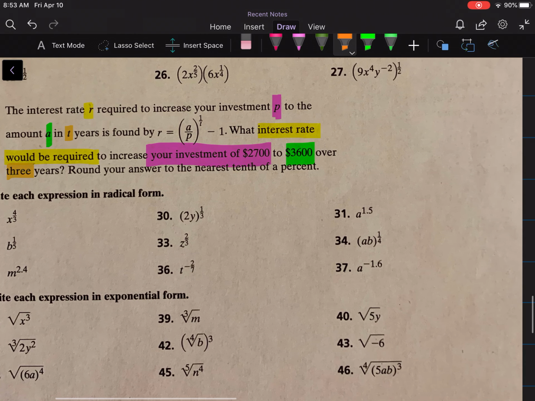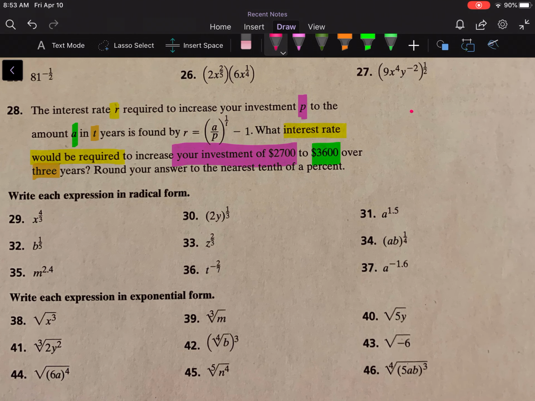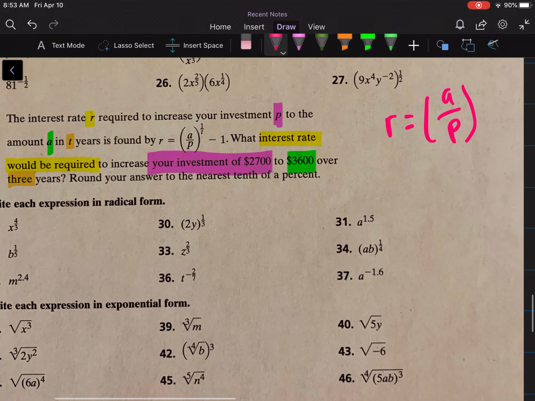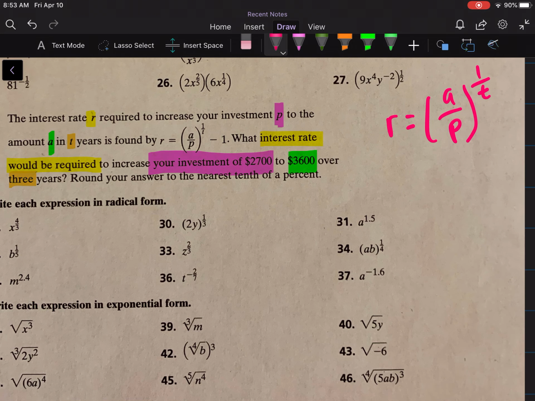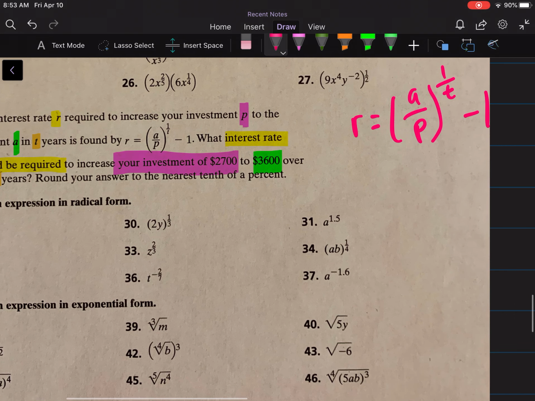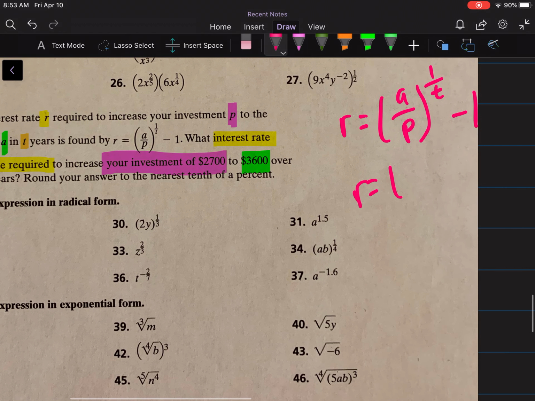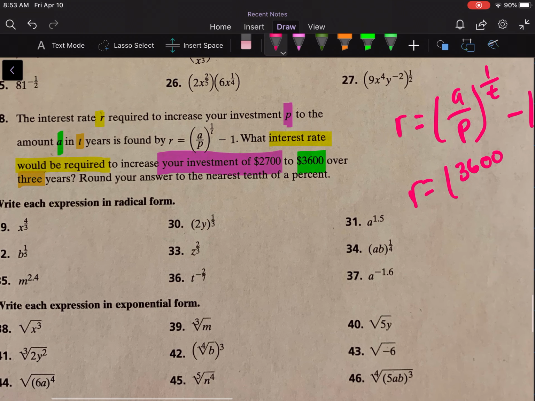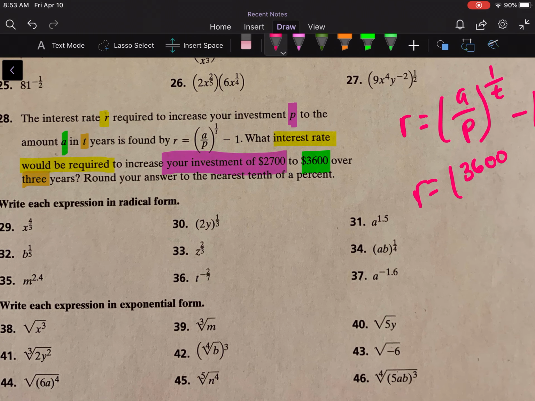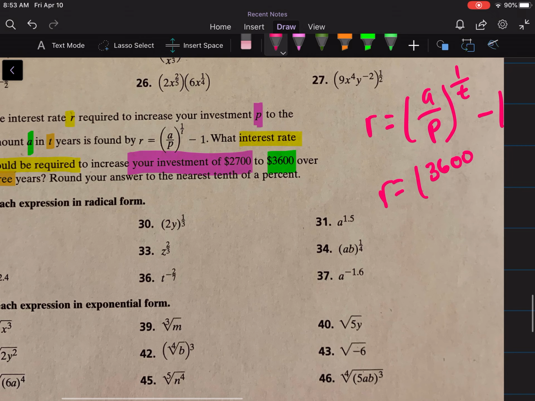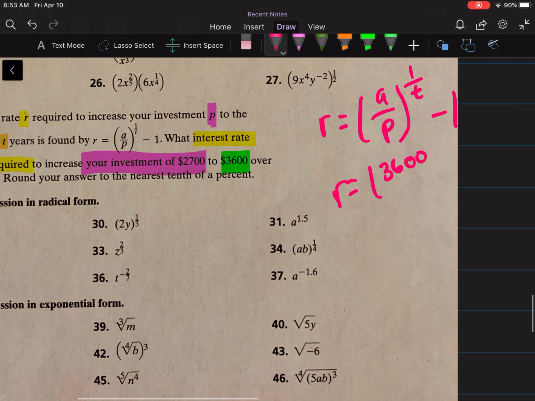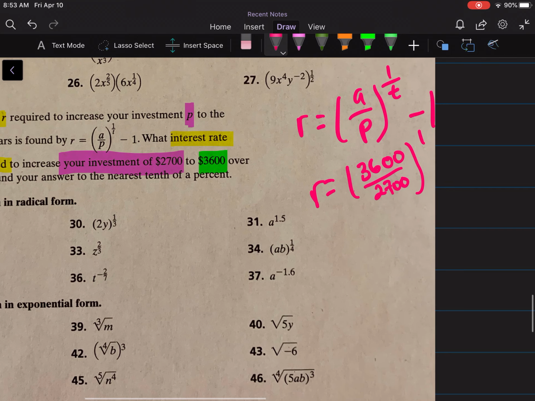We're going to do R equals A over P to the 1 over T minus 1. So R equals, our A was in green, so that's 3,600. Our P is in pinkish, so that's 2,700 all over 1. And then the time, the T was 3 years minus 1.